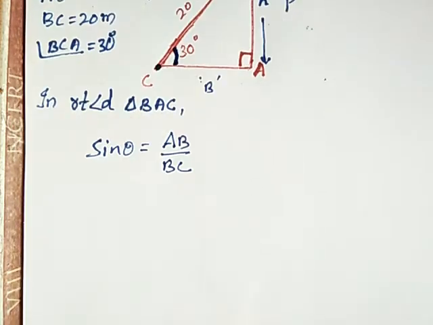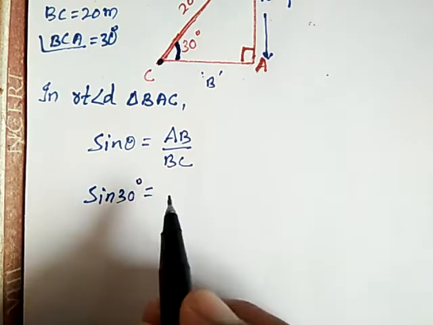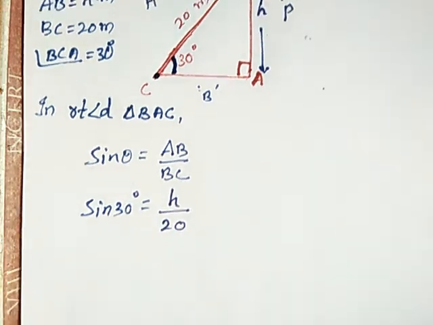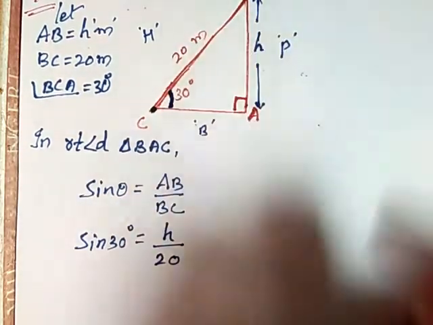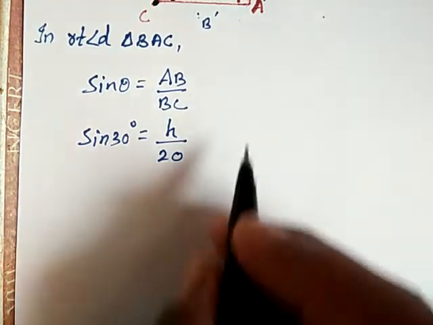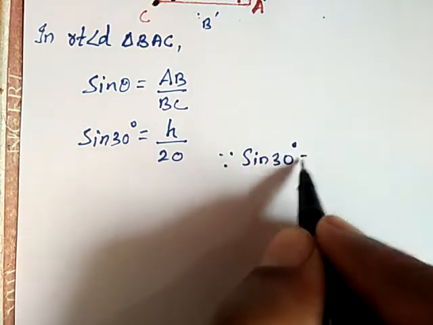Theta is 30 degrees, so sin 30 degrees is equal to AB, which we don't know, that is h, over BC, which we know is 20 meters. Now what is the value of sin 30? We know sin 30 degrees is equal to 1 by 2.